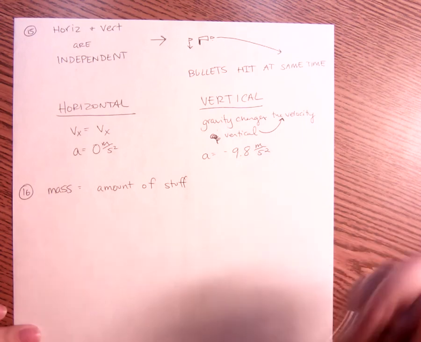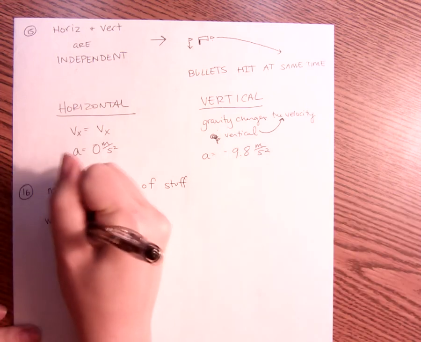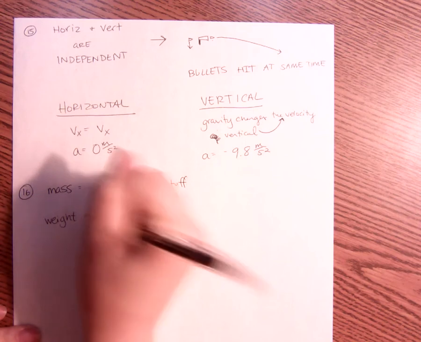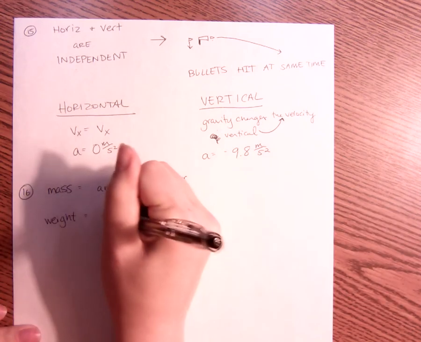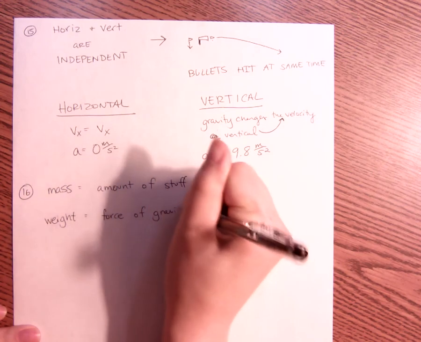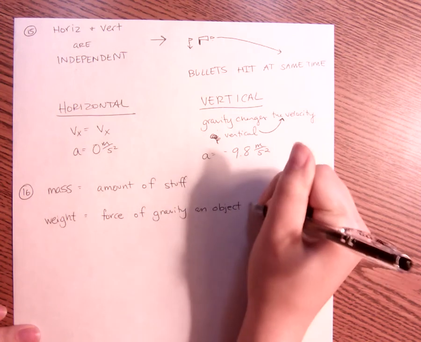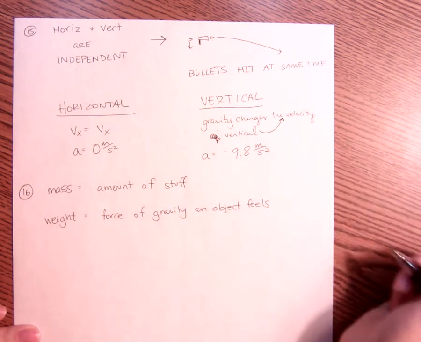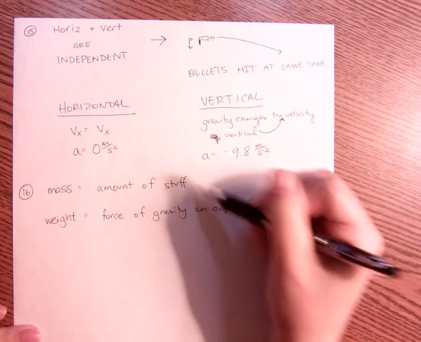Okay, it's how much stuff makes up an object. Weight is equal to the force of gravity an object feels. Okay, these two are very much tied together.